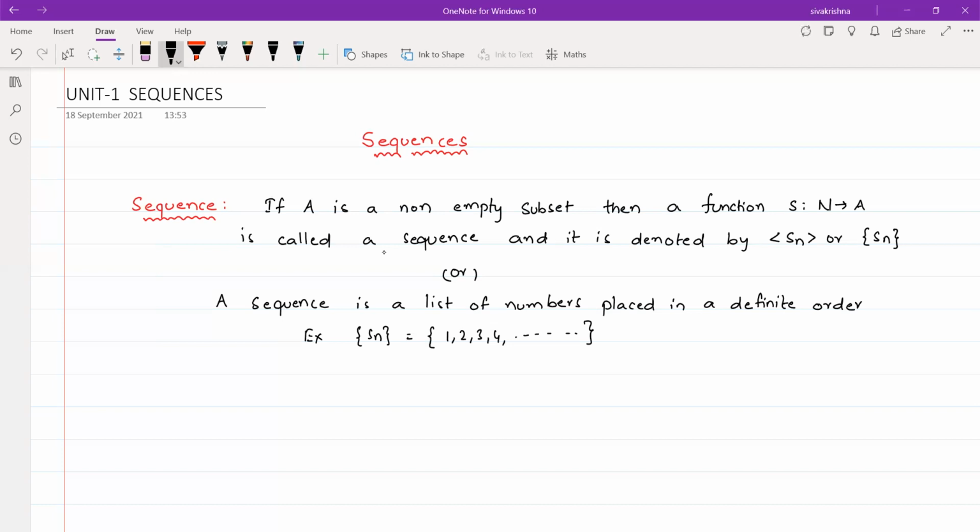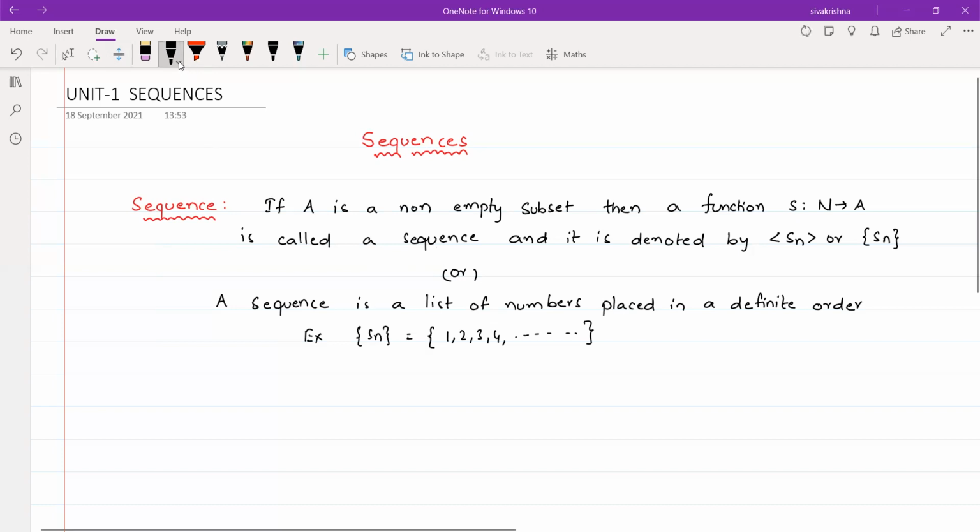Okay, so definitely there will be some rule involved in that sequence. So finally, a sequence is a list of numbers placed in a definite order, right? So we are having 3 ways of representing a sequence. We can represent a sequence in 3 ways.